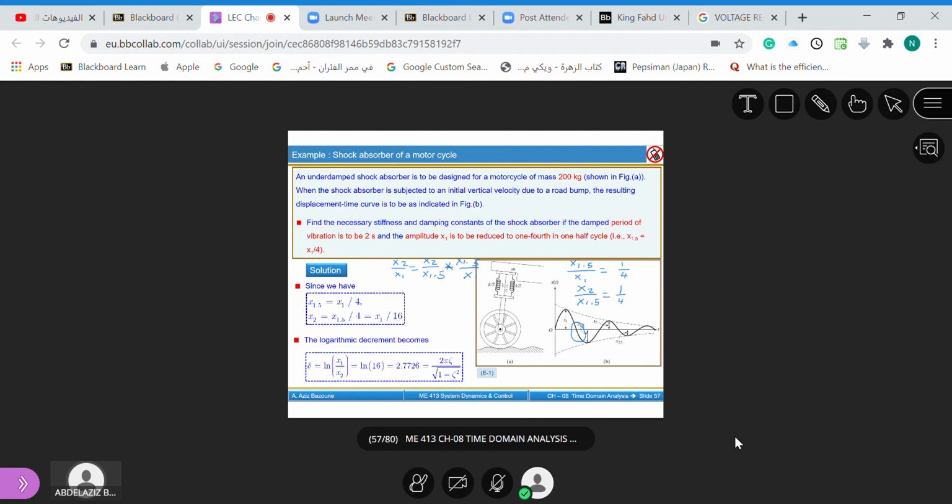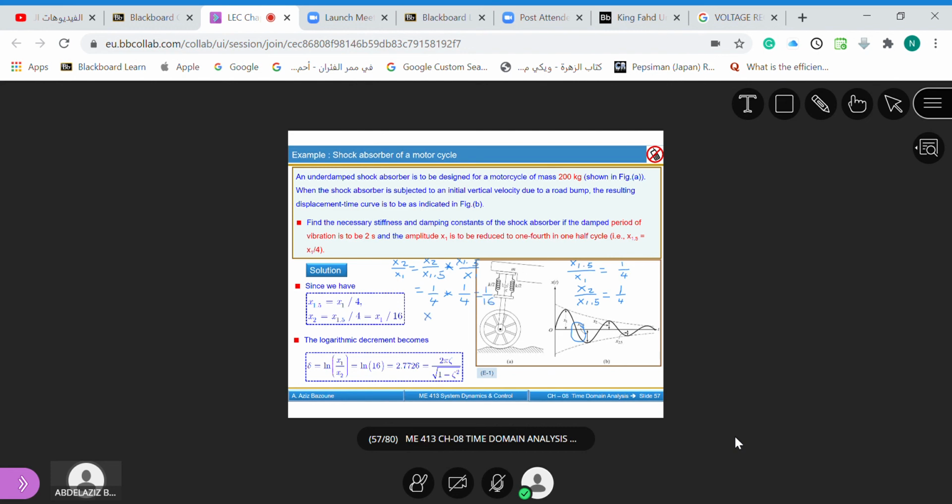Okay Shabab, this one will be 1 over 4, multiplied by 1 over 4. So at the end of the day, this will be 1 over 16.